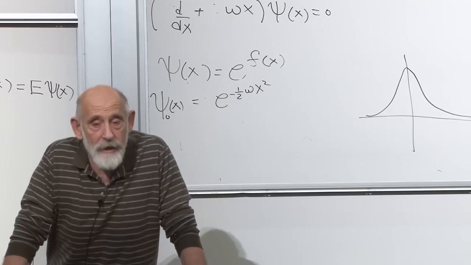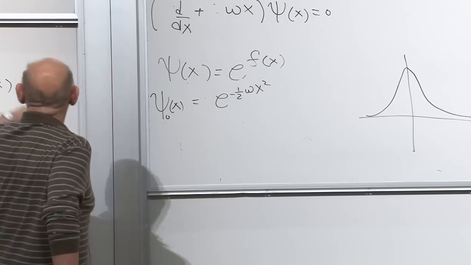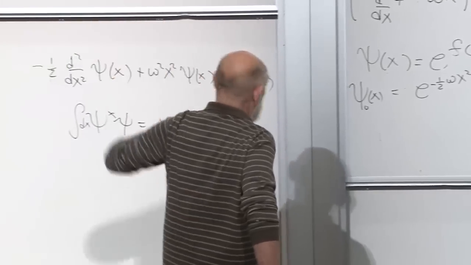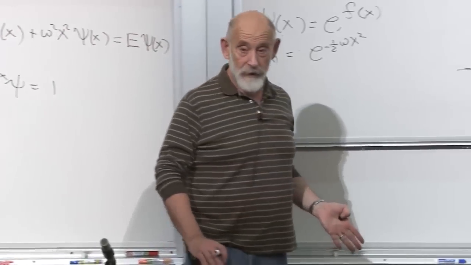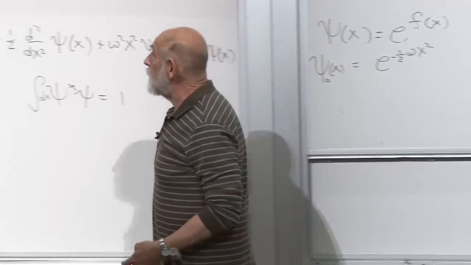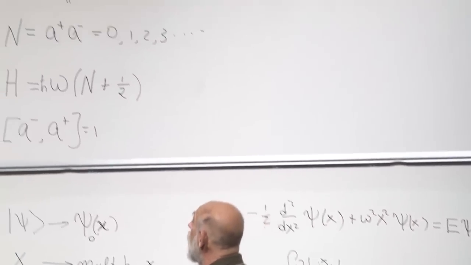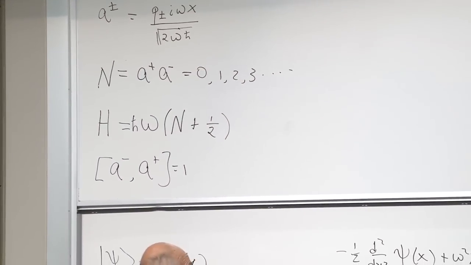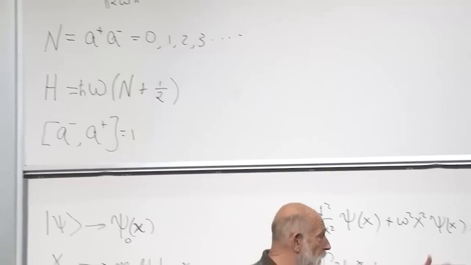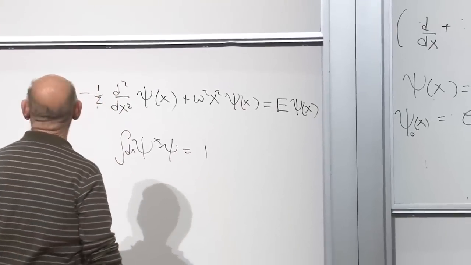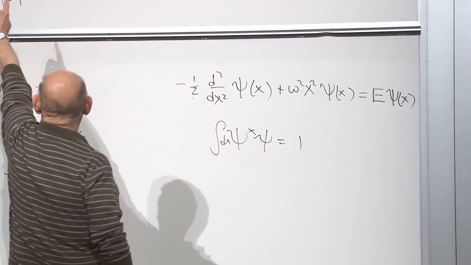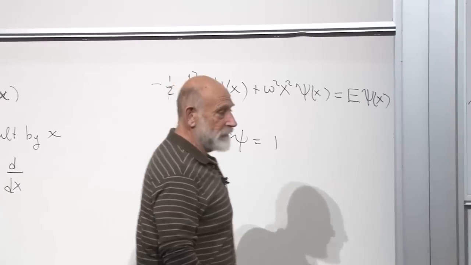And so we've succeeded in finding it. Now we could go back and check that the original Schrödinger equation is satisfied. In other words, we could plug this wave function into the Schrödinger Hamiltonian up above and calculate what the energy eigenvalue is. But we already know what it is. It's going to be omega times 1/2.